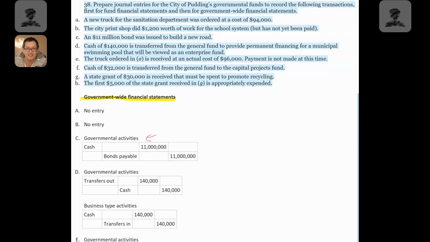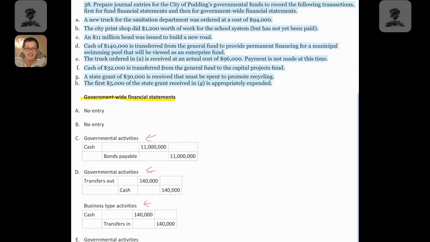First is to debit transfer out and credit cash 140,000. This is the governmental activity because the transfer out is from the governmental fund. And then because of the transfer into the enterprise fund, which is for the business-type activity, the journal entry is debit cash and credit transfer in 140,000.